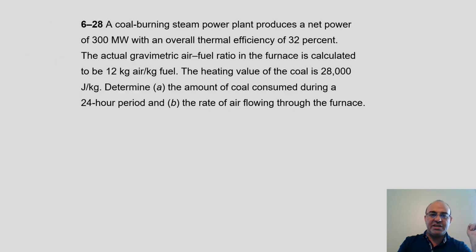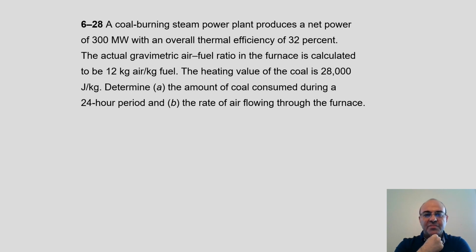Okay, so now with this, let's look at two problems in this part and then two more problems in the next part. So this is problem 6-28 of the book. We consider a coal burning steam power plant. So it's a heat engine. It produces a net power of 300 megawatts with an overall thermal efficiency of 32%.